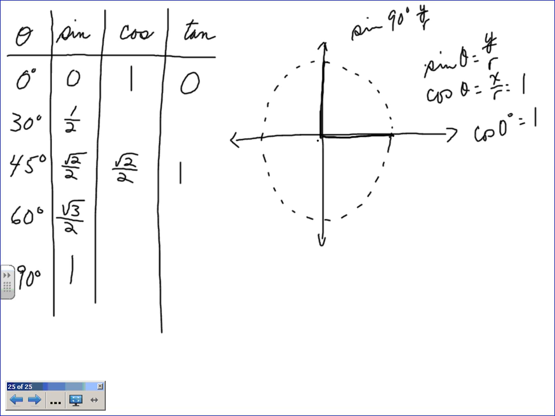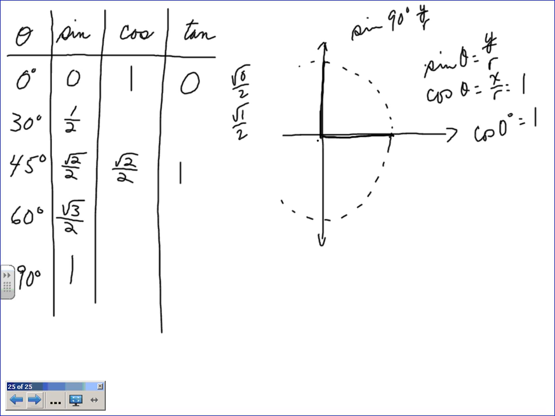All right? Now, if you look at this first column, where the sine of 0 is 0, the sine of 30 is 1/2, the sine of 45, I try to give my students a pattern. Here's a pattern I noticed. Square root of 0 over 2. Isn't that 0?